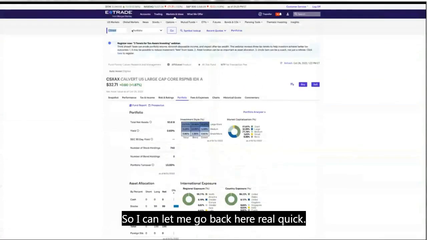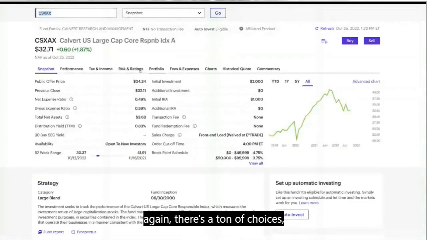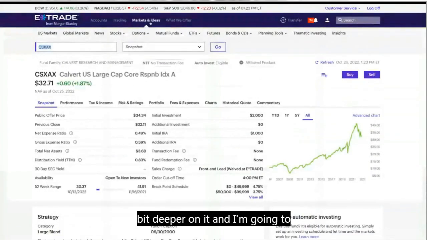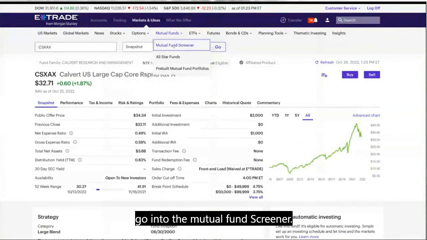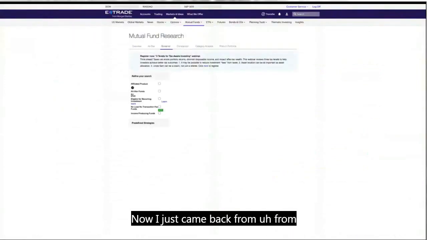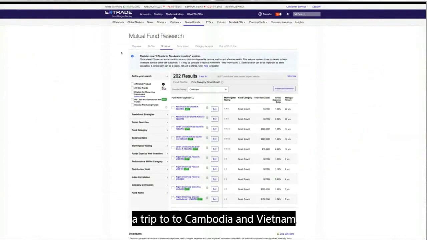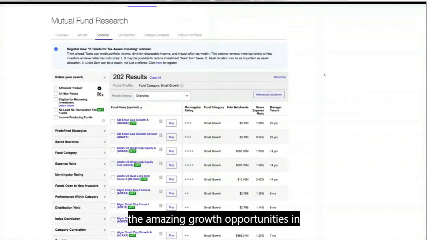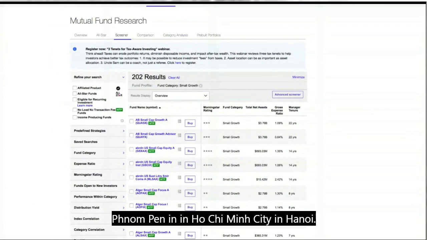So let me go back here real quick. So with mutual funds, again, there's a ton of choices, but let me dive in just a little bit deeper on it, and I'm going to go into the mutual fund screener. Now, I just came back from a trip to Cambodia and Vietnam, and I just saw the amazing growth opportunities in Phnom Penh, in Ho Chi Minh City, in Hanoi.